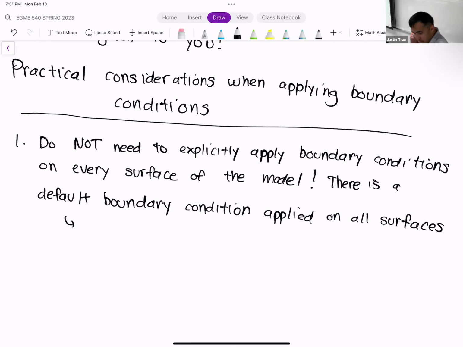So for structural simulations, the default boundary condition is called stress-free.